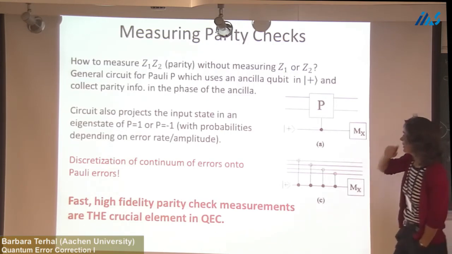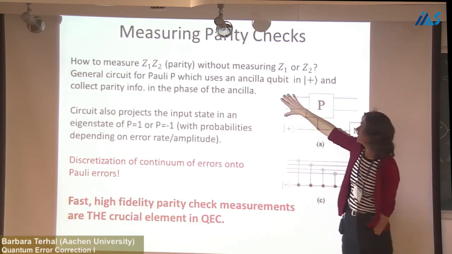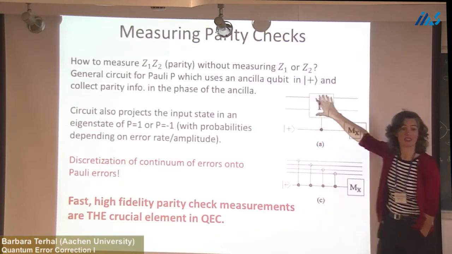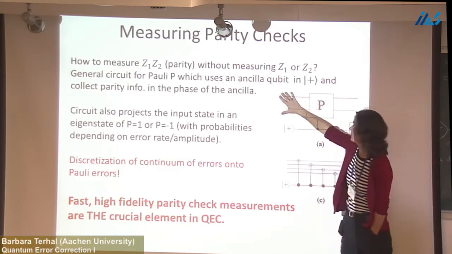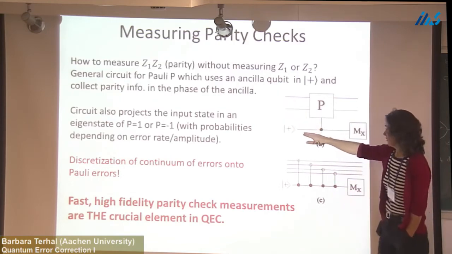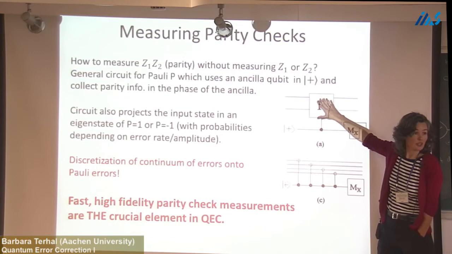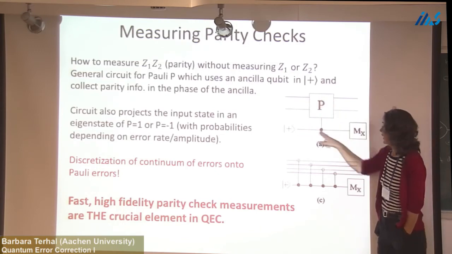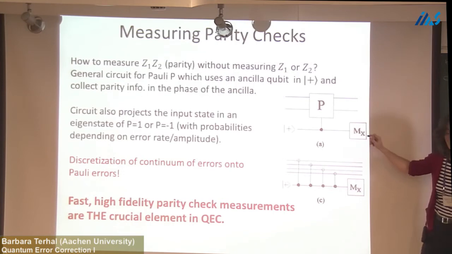Okay, so let's look at what happens when the input here is a +1 eigenstate of P. Well, nothing happens then, right? Because I have a +1 eigenstate here. Whether or not this qubit is 0 or 1, I apply P, but P doesn't do anything. So here I have a plus, so I'll measure a plus always, right?